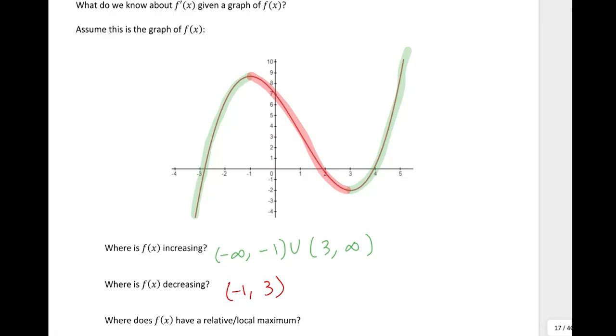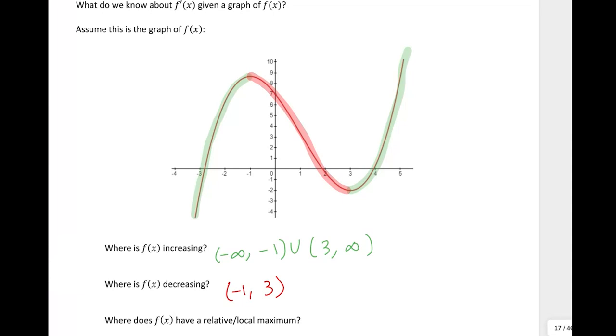Now, what we're really curious or should be interested in here is, you've probably already analyzed functions like that before. But what does that mean about the derivative of f? So if the slope of a function is positive, meaning the function's increasing, it's going up, what do you think that means about the derivative?